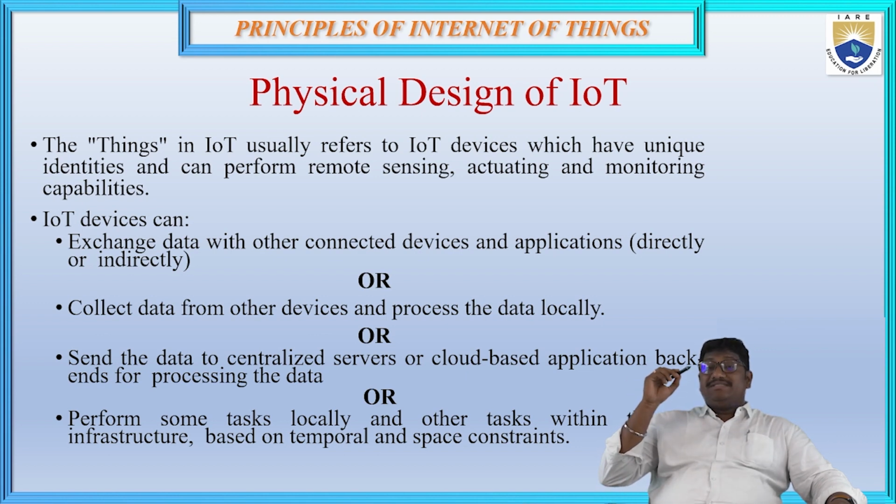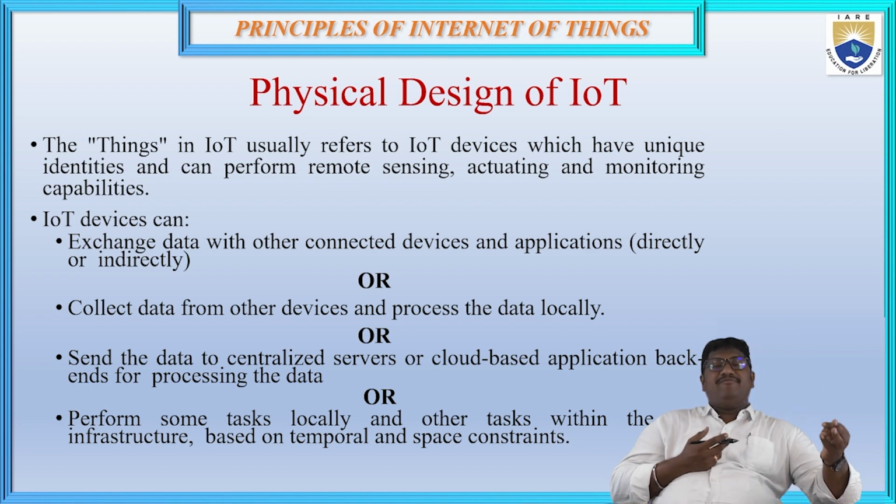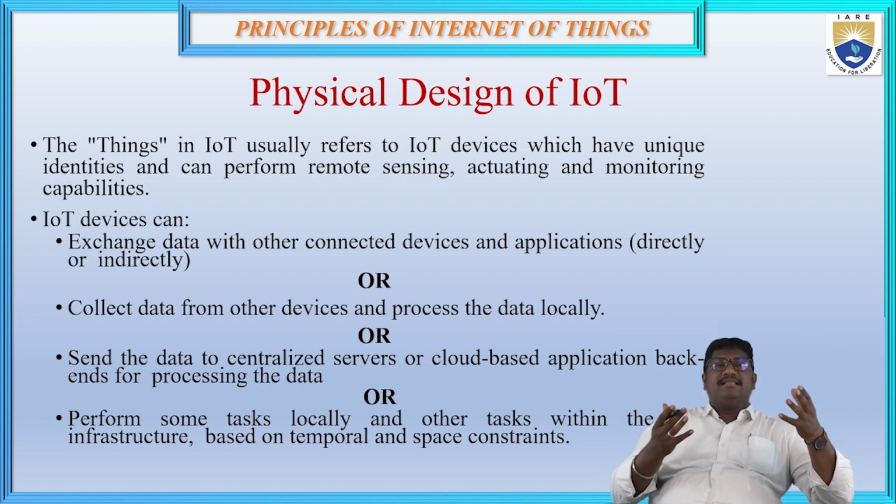These devices are able to sense automatically, which is remote sensing, and also they are able to transfer information with the help of actuators, and also they are able to monitor things. So we can confidently say that the devices used in our IoT, with the help of sensors, actuators, and monitoring capabilities, communicate with each other.